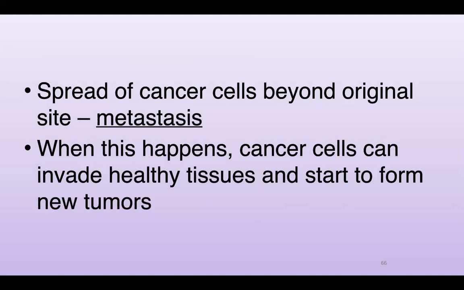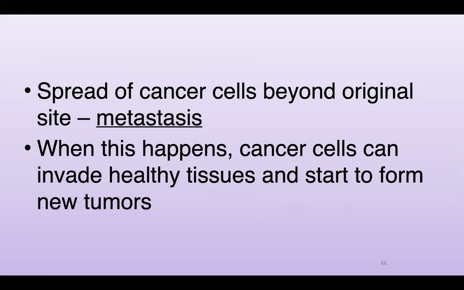Now, if the tumor is malignant, then that results in something called metastasis. That is cancer cells that spread out beyond their original tumor. When this happens, the cancer cells can invade healthy tissues anywhere else in the body because they enter the bloodstream.